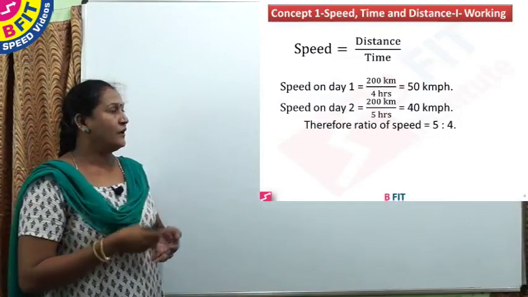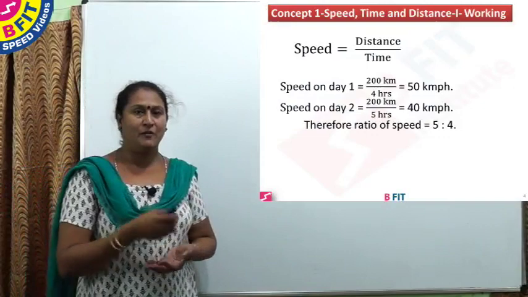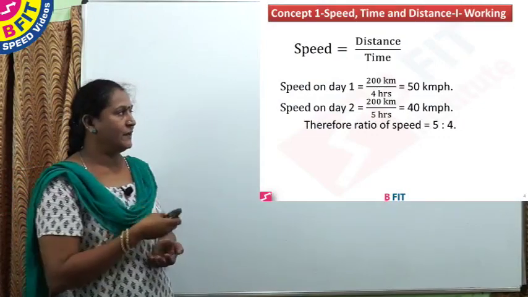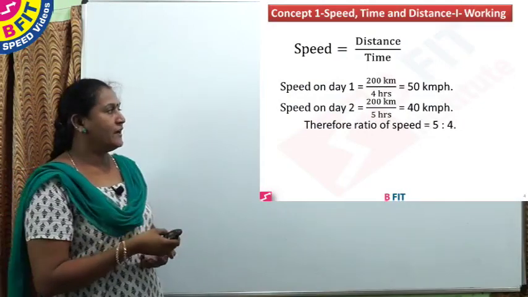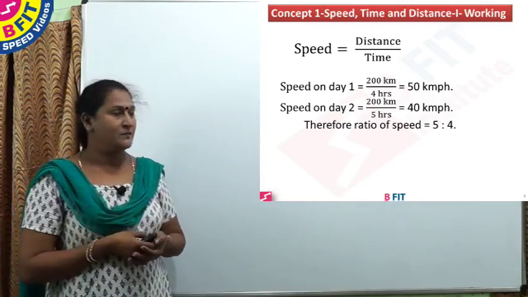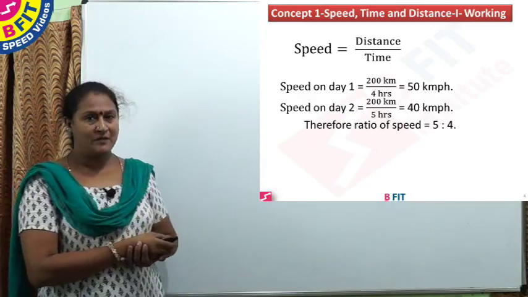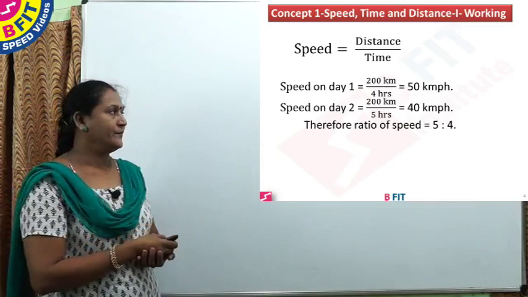So speed is calculated by distance by time taken. On day 1 the speed is 50 kilometers per hour, that is distance by time, 200 by 4. On the second day speed is 200 by 5, 40 kilometers per hour. So the ratio of speed is 5:4. It's a simple concept, but it is an important concept.